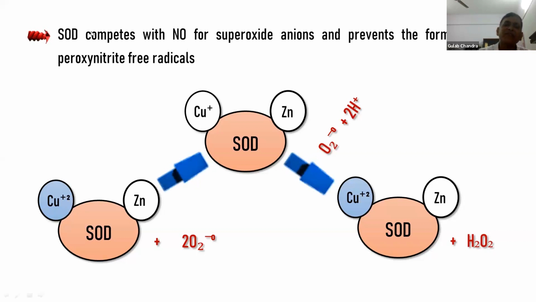And superoxide dismutase changes the superoxide anion to hydrogen peroxide, by copper-zinc superoxide dismutase.